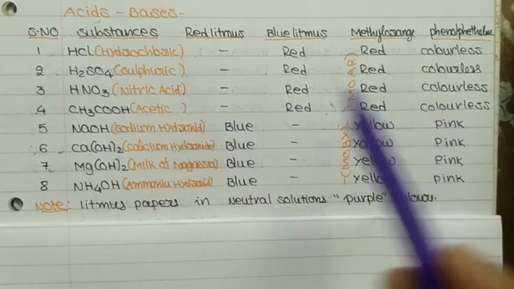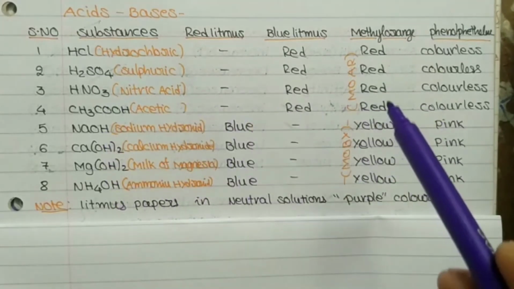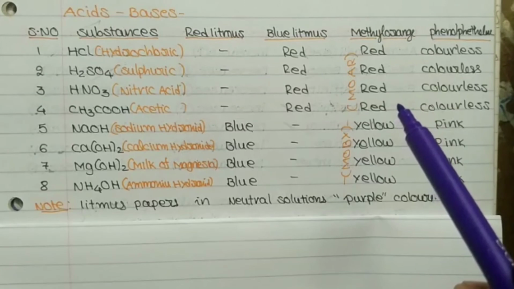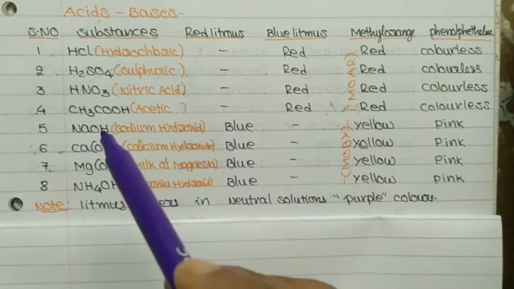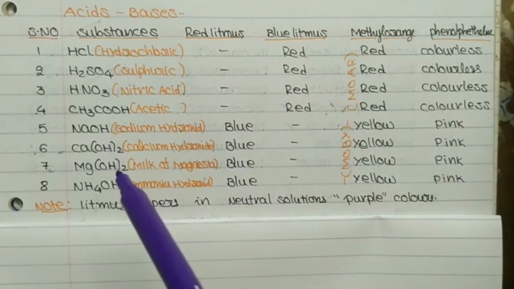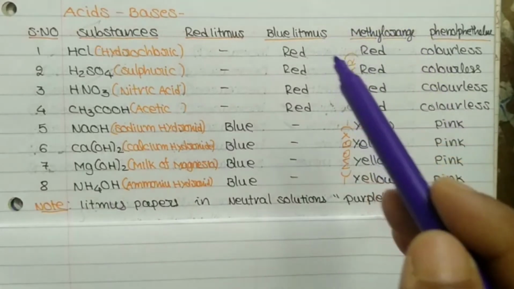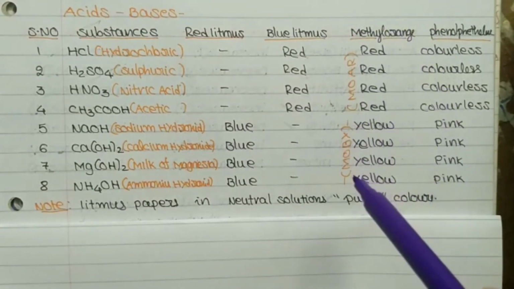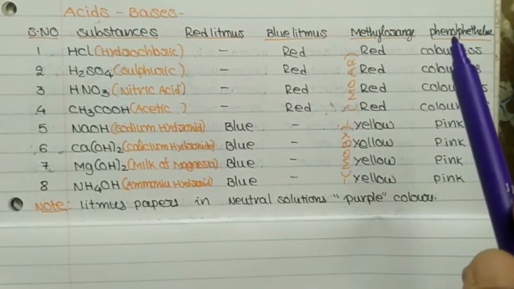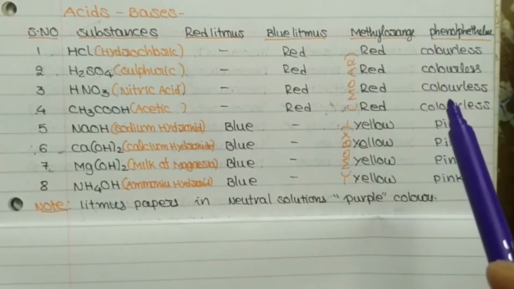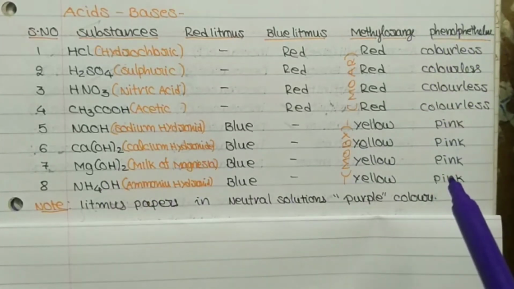When basic substances like sodium hydroxide, calcium hydroxide, magnesium hydroxide and ammonium hydroxide are combined with methyl orange solution, it immediately changes to yellow color. Okay, with phenolphthalein, acids give colorless, and basic substances give a pink color.